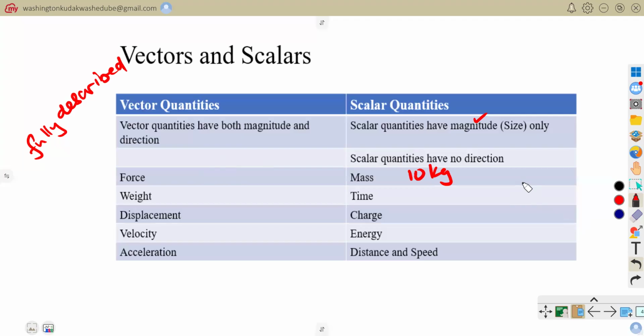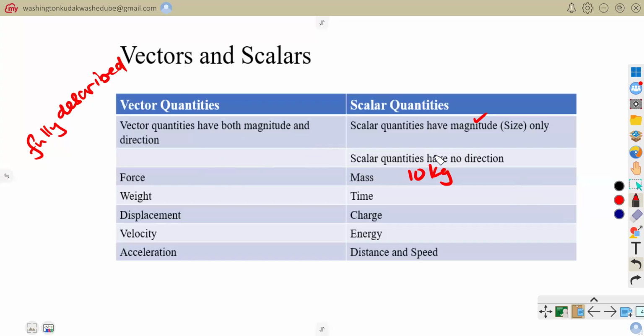What does 10 kgs of rice mean? It simply means the total amount of matter within that 10 kg sack of rice. All those small pieces of rice total to 10 kgs. So you only mention its magnitude.